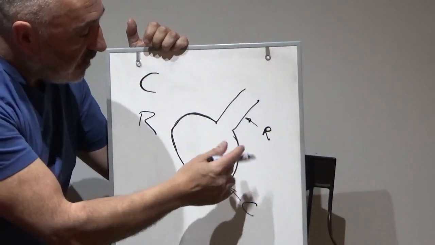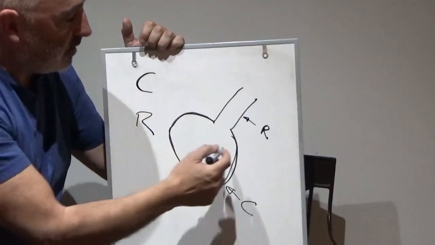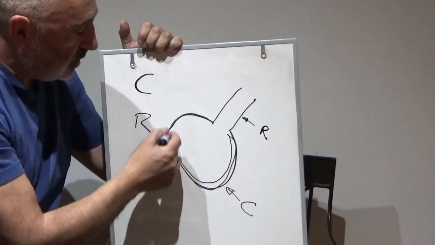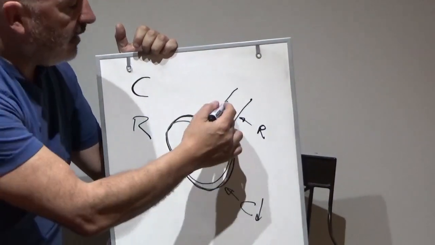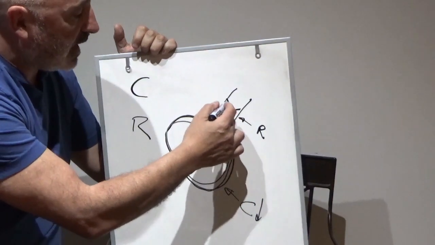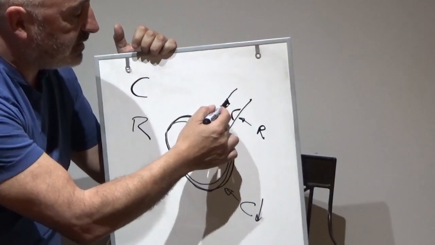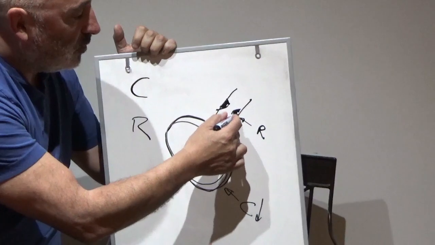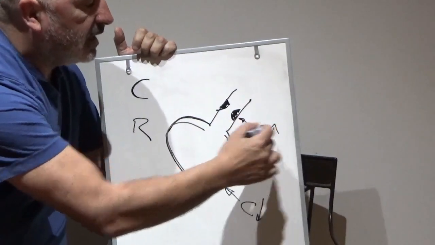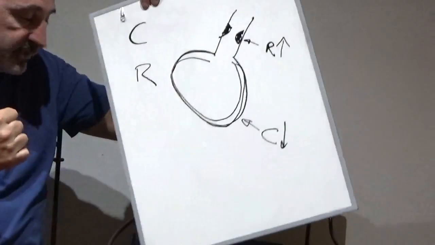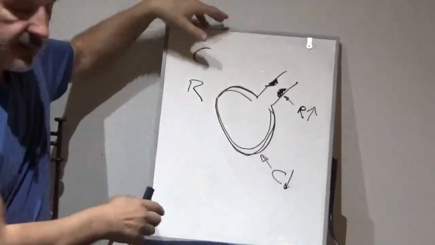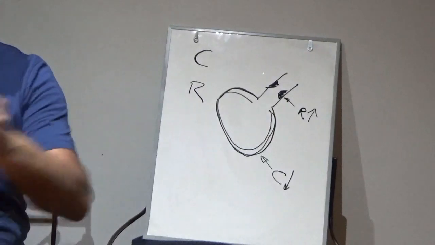If we have a thicker wall, the compliance decreases. If we have an obstruction, like in an asthmatic patient, for example, we have an increase in the resistance.